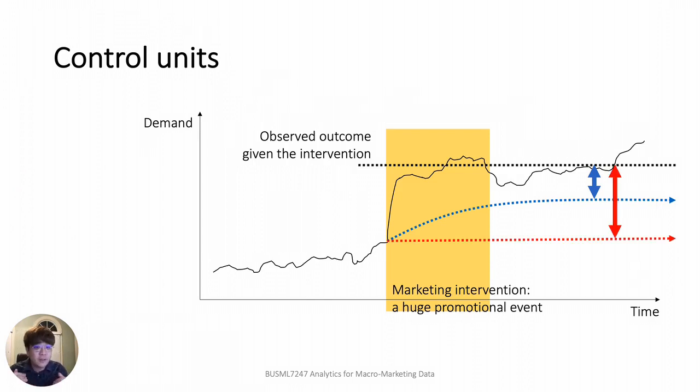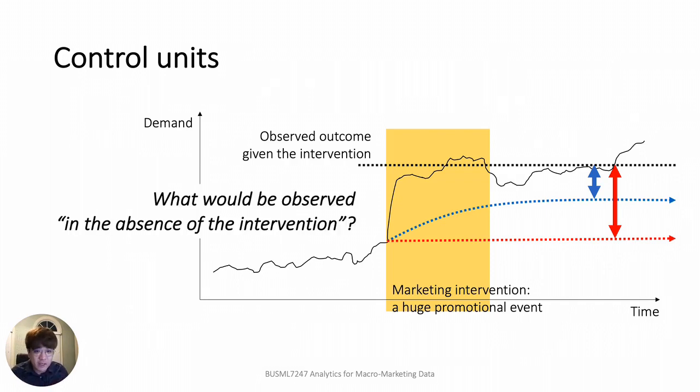However, if the baseline demand were already matured, like this red curve, the effect of the intervention would be as great as observed. This implies the key of estimating causal effect of the intervention is how to define the control unit. That is, the estimation of the causal effect is equivalent to that of what would be observed in the absence of the intervention.